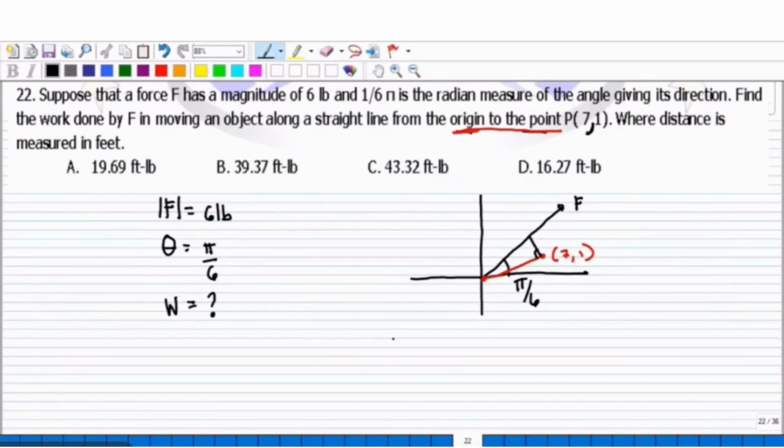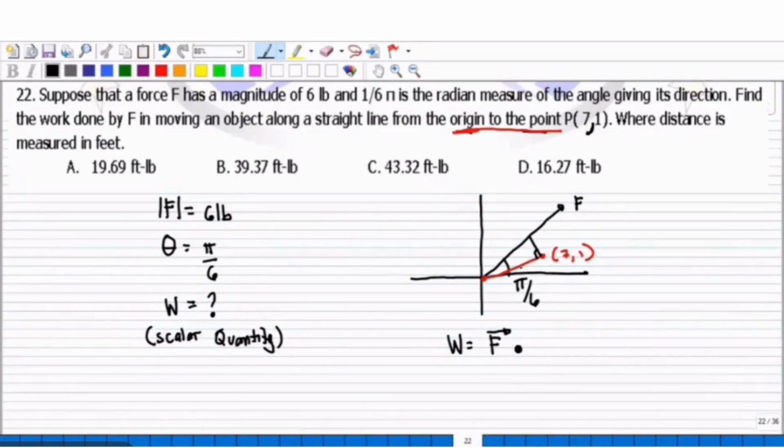Ayan. So, yung formula po for the work, so take note po, work is a scalar quantity. So, ang ating final answer dito must be magnitude lang. Okay? So, therefore, work is equal to what? So, this is the force vector multiplied by, take note po anong klaseng product ito.